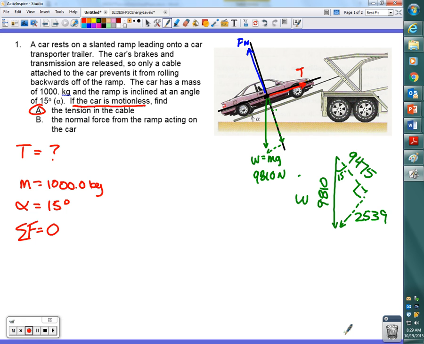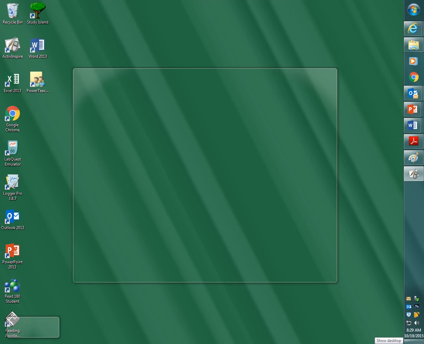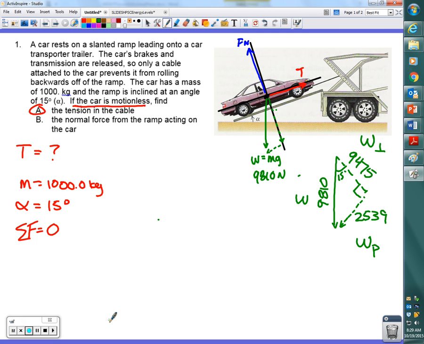Here we a lot of times refer to this as the perpendicular component of weight, because it's perpendicular to the surface that it's sitting on. And a lot of times we'll refer to this as the parallel component of weight, because it's parallel to the surface that it's sitting on. Does that make sense?